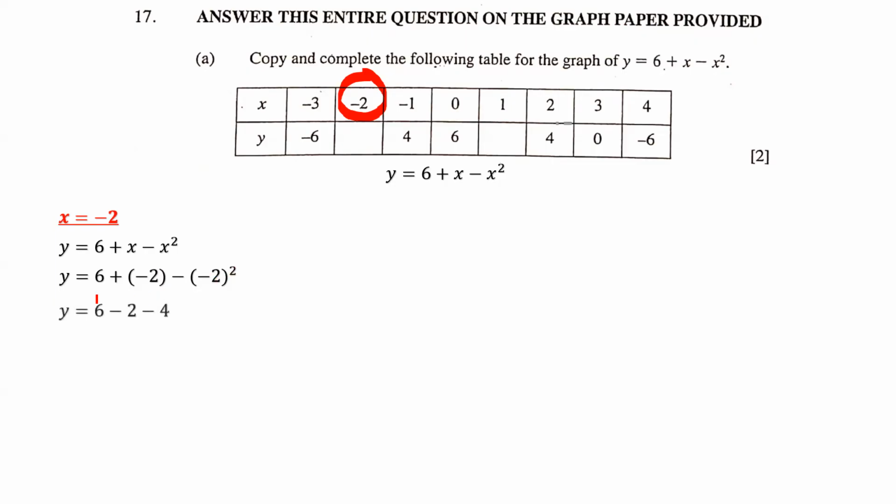We know that -2 squared is just going to be 4. And so we have 6 minus 2 minus 4, and that is equal to 0. So that means that this value is 0.